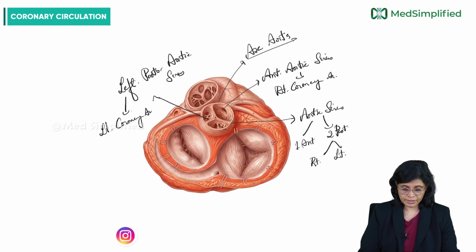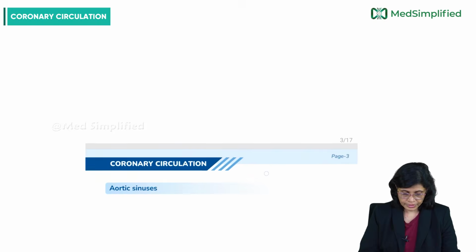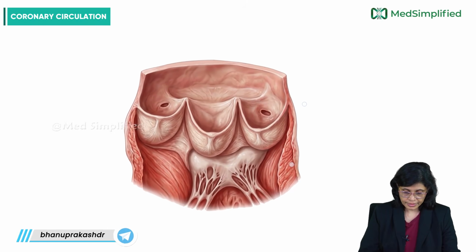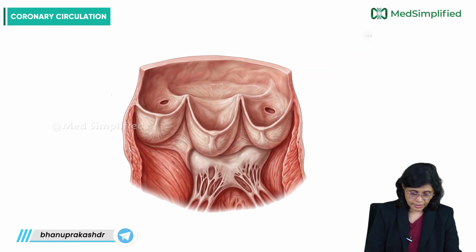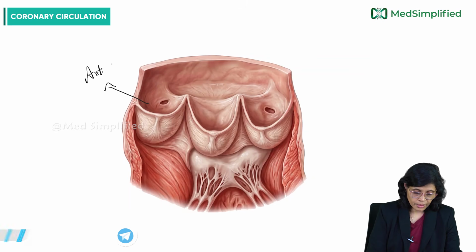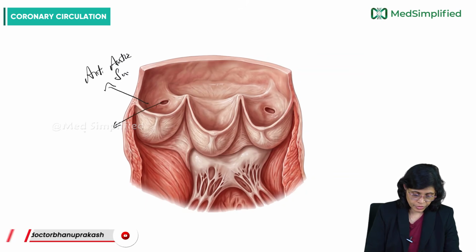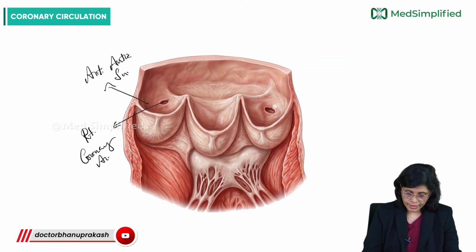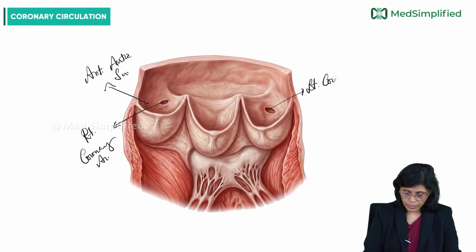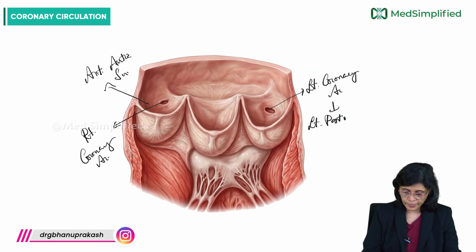So this is how we see it in a section. If you open the ascending aorta, this is how we will see it. This is the anterior aortic sinus, and here we have the origin of the right coronary artery, and this is the origin of the left coronary artery from the left posterior aortic sinus.